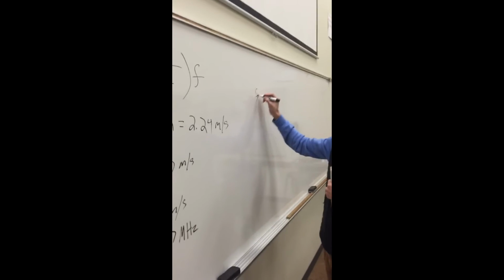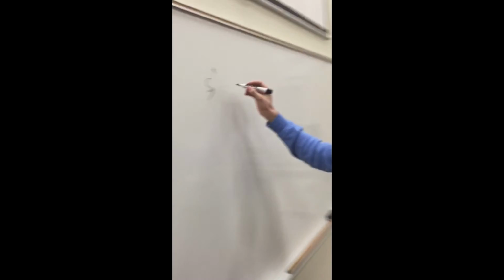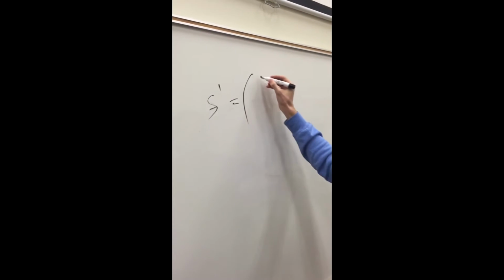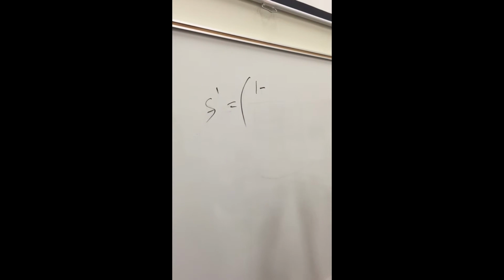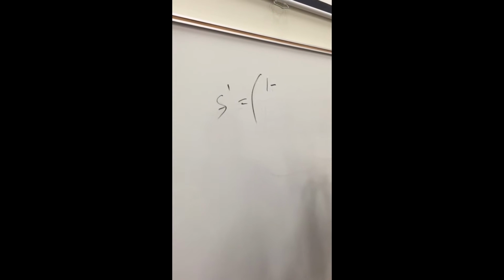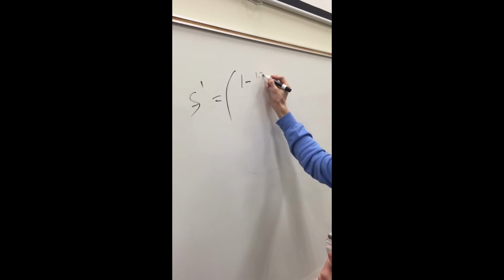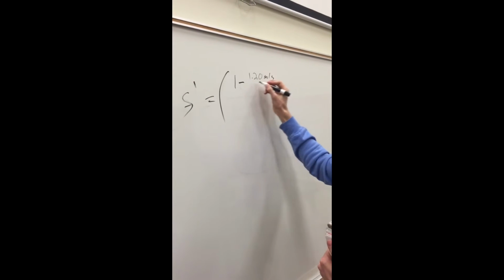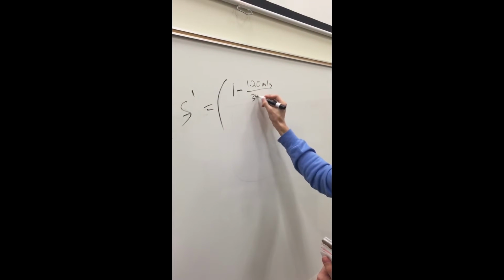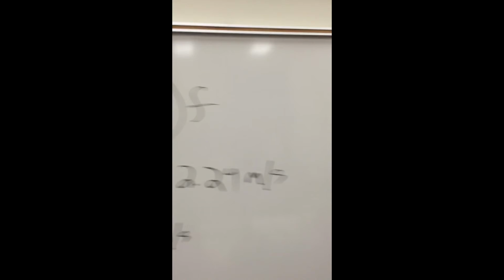So, to get the perceived frequency that Chris heard walking past, we set up the equation. And since the car was moving towards Chris and Chris walking towards the car, it's going to be subtracting. So the speed of the observer was 1.20 meters per second over 343 meters per second.